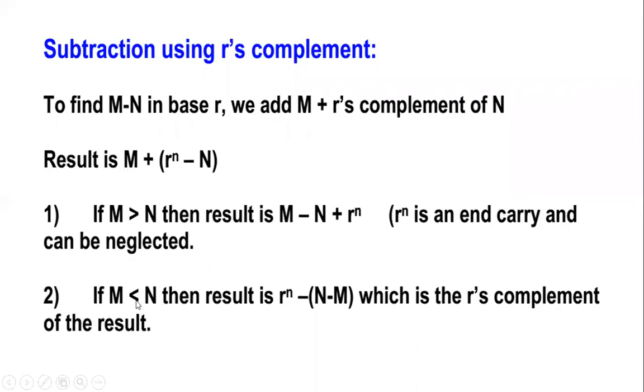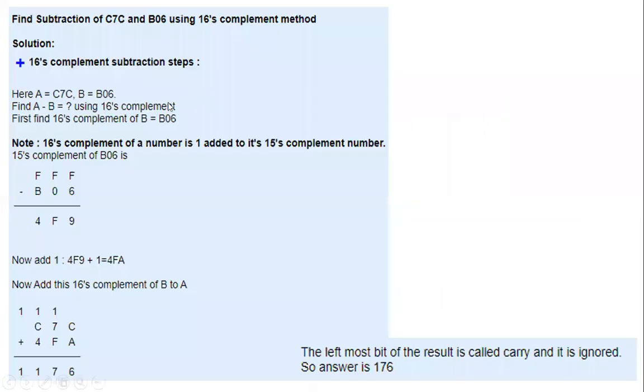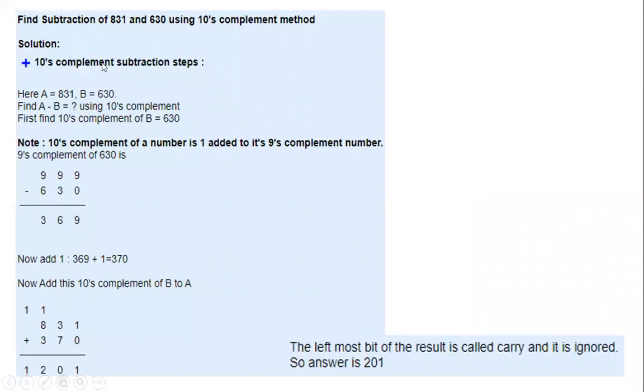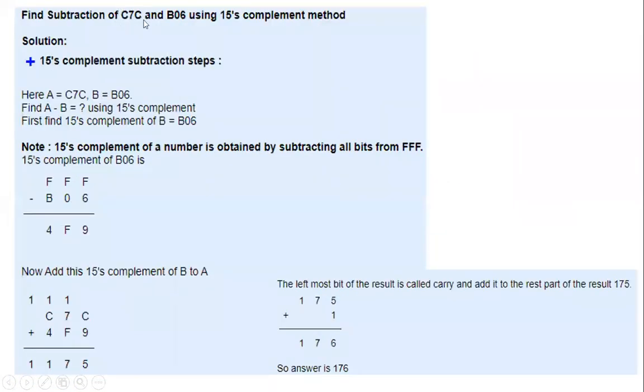If M is less than N... that means if your first number was greater than N, what did we do? Let me see, if the first number was greater than the second number in 15's complement, what did we do?